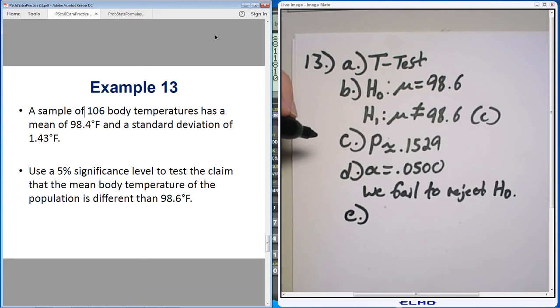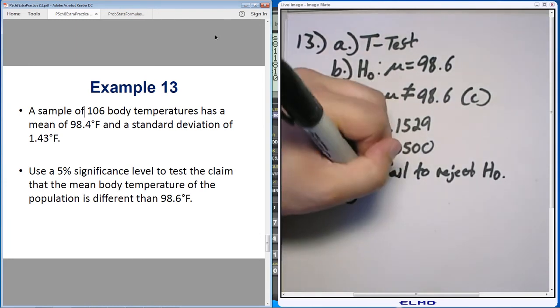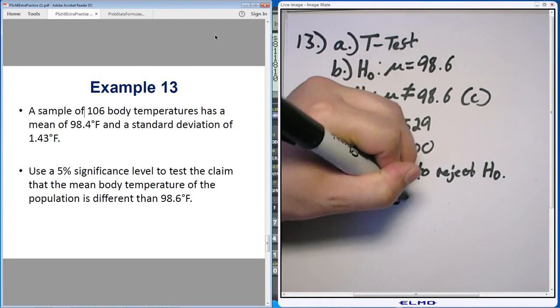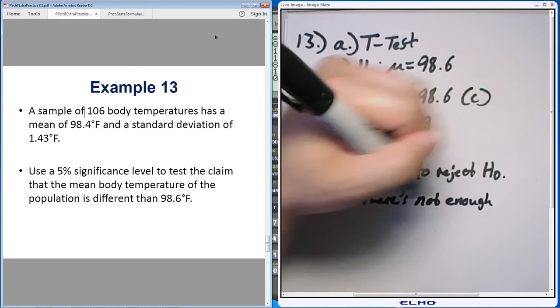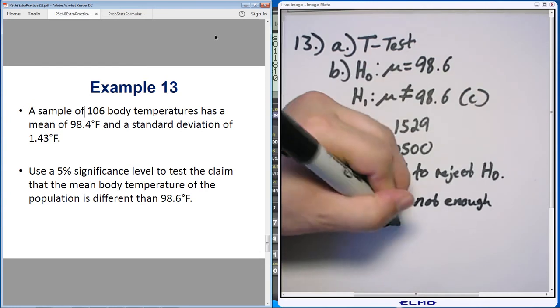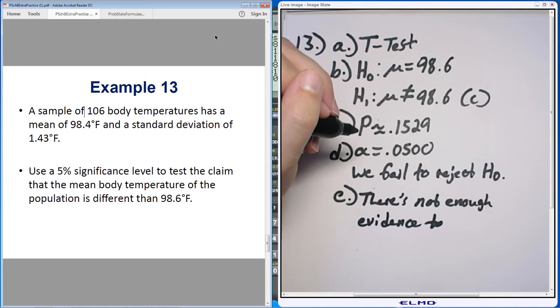For part E, let's relate this to the problem. We failed to reject, so there's not enough evidence to support, since H sub 1 is a claim.